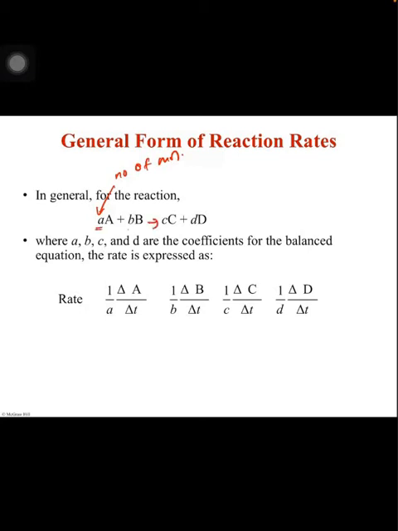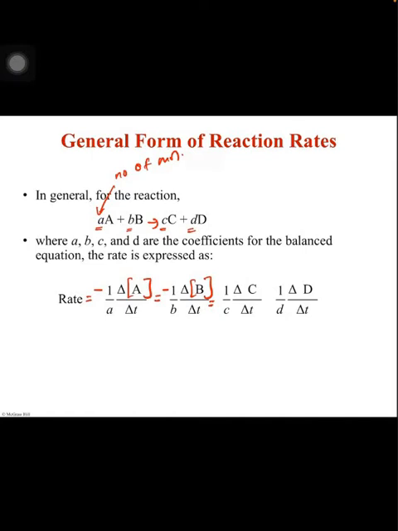So dalam case ni kita ada a specific coefficient, okay, from the balanced chemical equation. So our rate expression will be rate is equals to, and because A is reactant, so kena letak negative 1 over A because it is A mole, darab dengan dia punya concentration of A over delta T is equals to, ini pun reactant, so negative 1 over B, the coefficient from balanced chemical equation, of concentration B per unit of time, delta T. Okay, and then it is also equals to, so C dengan D dua-dua adalah produk kan.